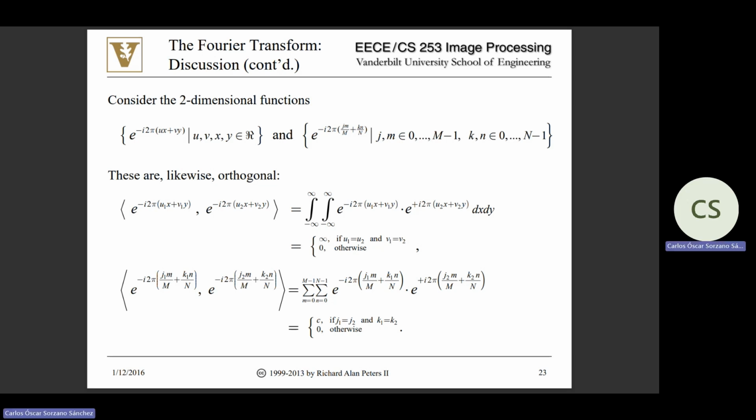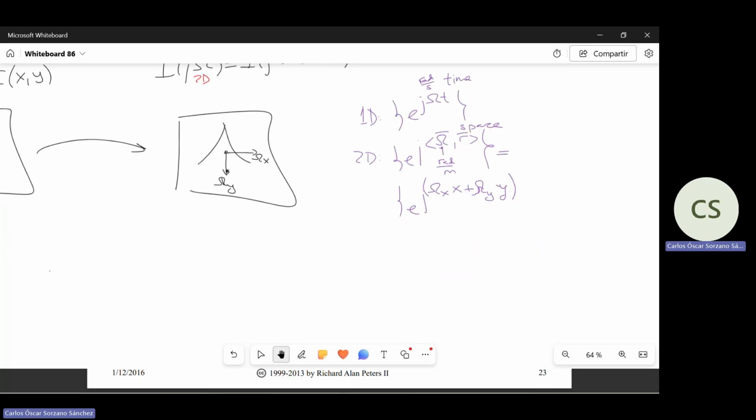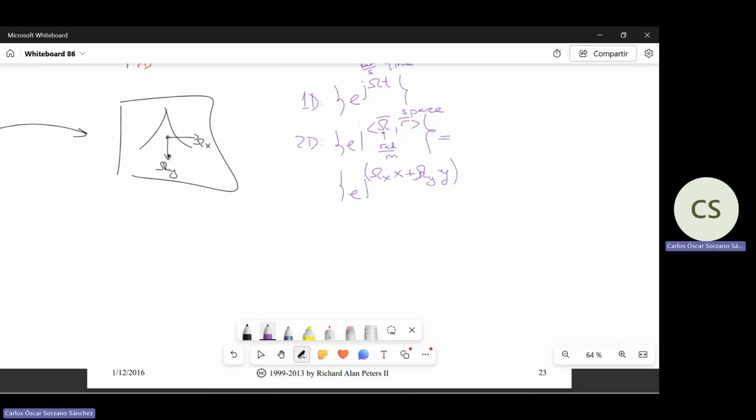Okay. So this is for the continuous signal. For the discrete, we will define it in this way. So this is 2D continuous, this is 1D continuous.